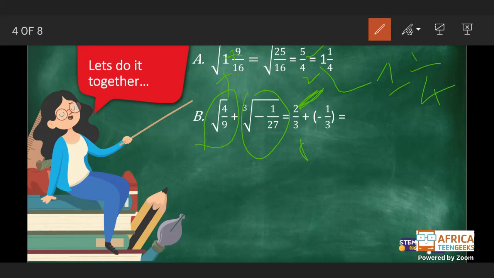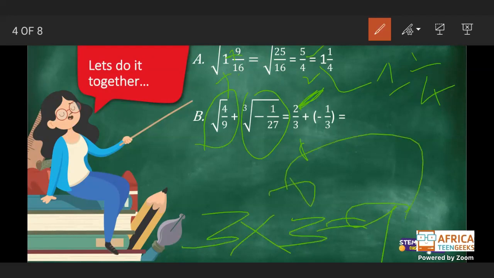So if we have 2, we'll say 2 multiplied by 2, and if it gives us 4, then we are correct, because the square root of 4 equals 2. Let's do it again with 3. We'll say 3 multiplied by 3, and that will give us 9. And the square root of 9 equals 3. So we are correct. Now we also have our multiplication.